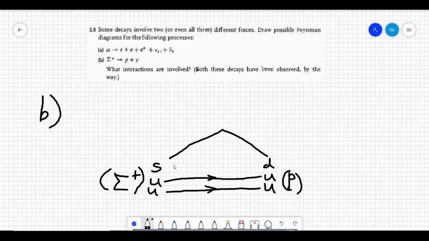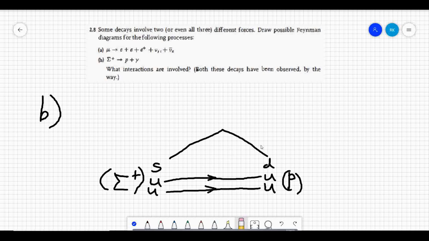As I said earlier, the strange quark has a charge of minus 1 over 3, and the down quark has a charge of minus 1 over 3. So if we were to just connect these together, the charge would not be conserved. And so we know that this decay has actually happened before, meaning that charge is conserved. So we can't go about connecting both of these together in a primitive vertex with the charged weak interaction W boson as the mediator, because charge won't be conserved.